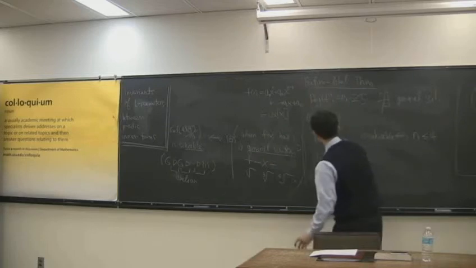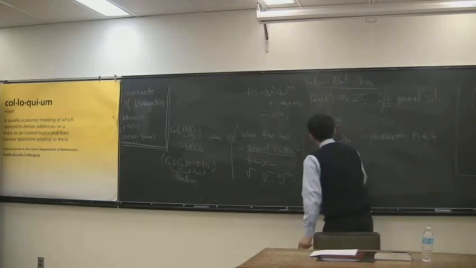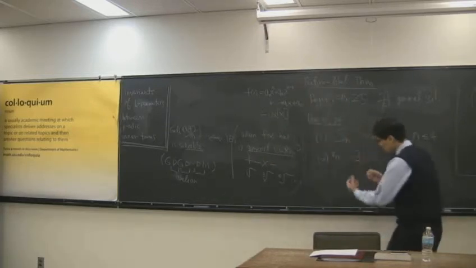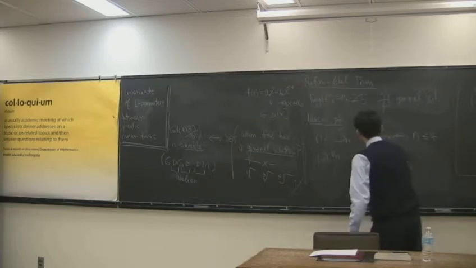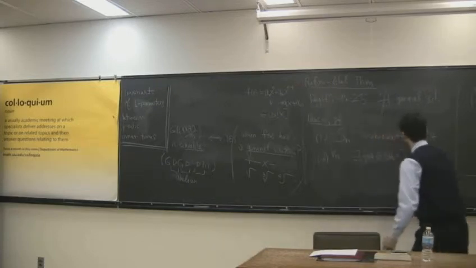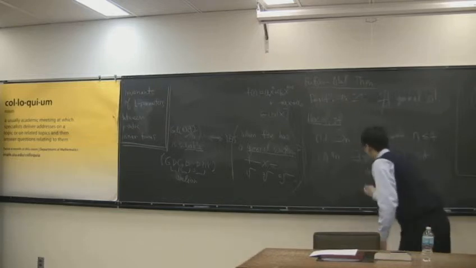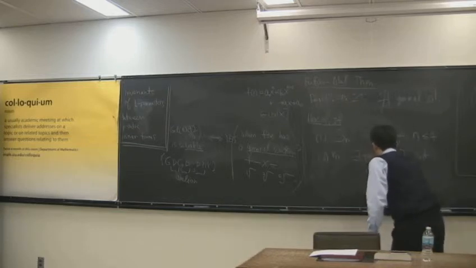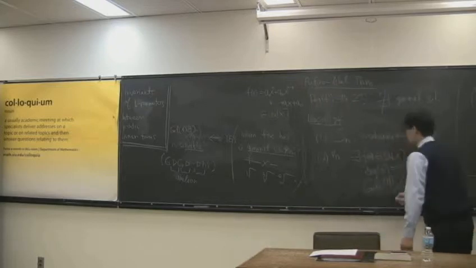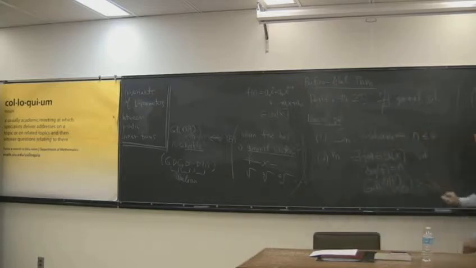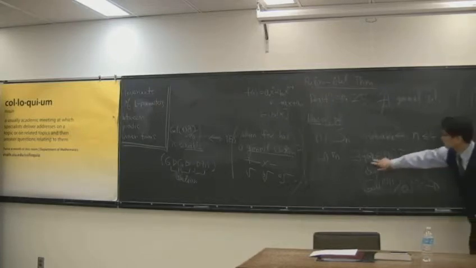The second argument we need is that for any n, you can generate a polynomial f such that the degree of f is n and the Galois group of f is isomorphic to S_n. So for any n, it is possible. There is an algorithm to generate this kind of polynomial.